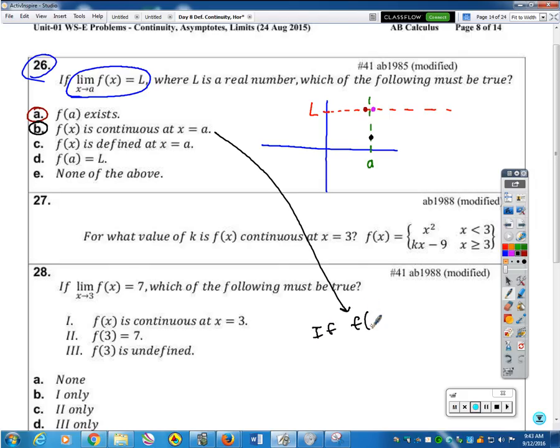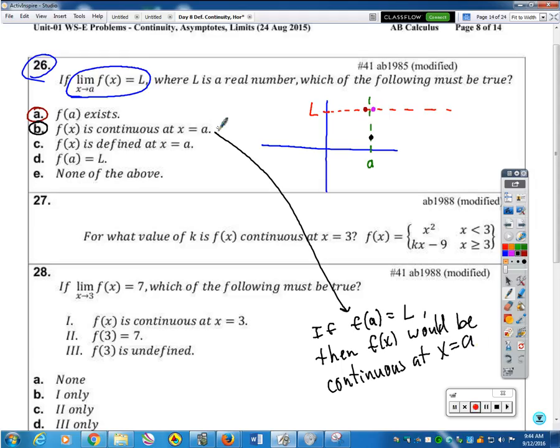F of A equals what, Sarah? Equals L. If f of A were equal to L, then f of x would be continuous at x equals A. It's perfect.